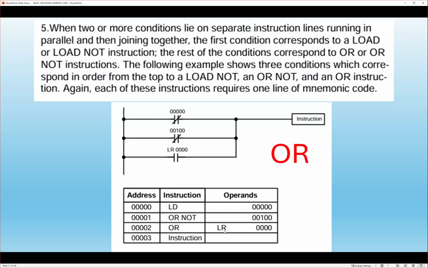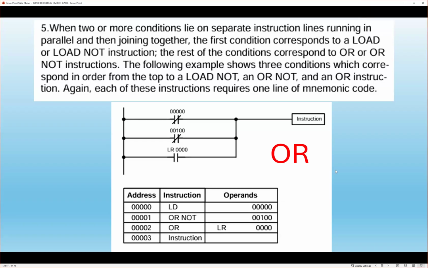Yeah, see, your OR instruction looks right. That's incorrect. It'd be a normally open contact if it was LD. Just like that AND example that you had earlier. Yep. So I'd love to get a hold of the guy that made this manual.